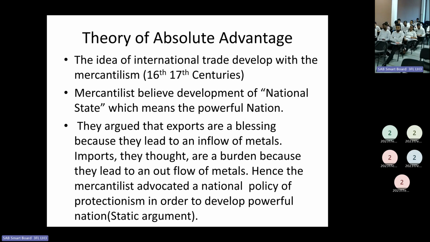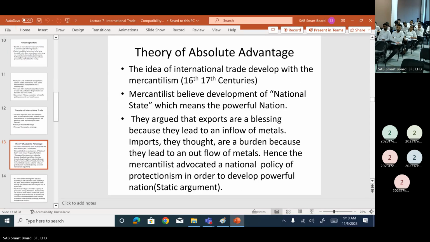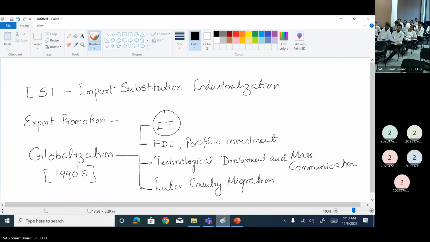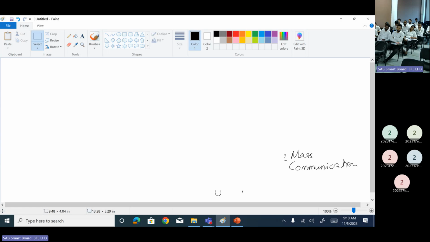Those people are called mercantilists, and the ideology is mercantilism.